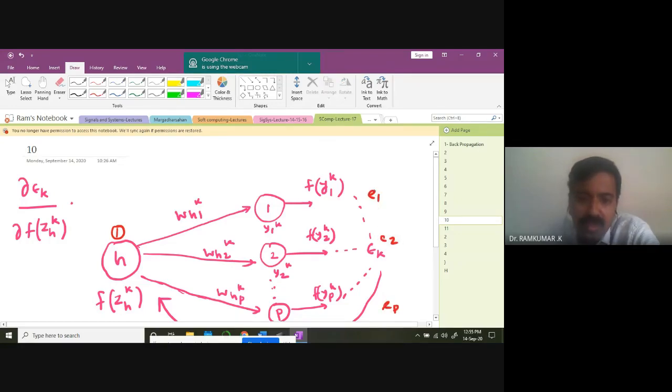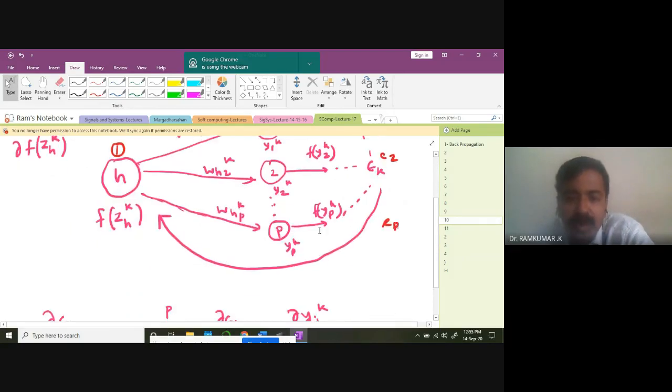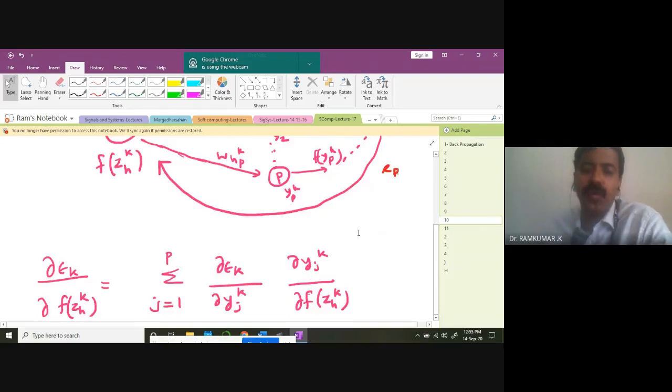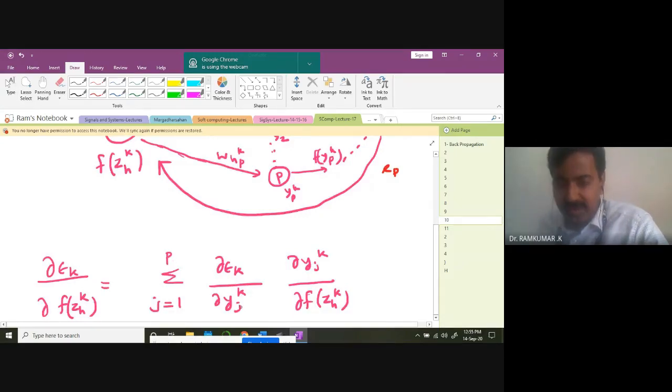When we compute how this error changes with respect to f of ZHK for any one neuron, we need to look into all of these weights, along with how the error is getting back propagated. So for that, we have to perform the summation over J equal to 1 to P of dou EK by dou YJK.